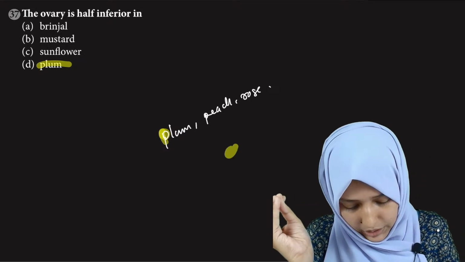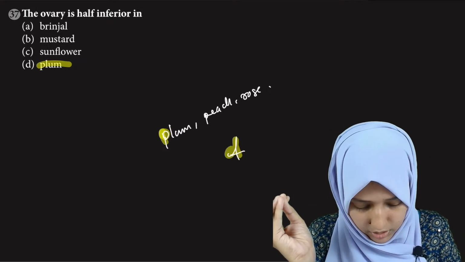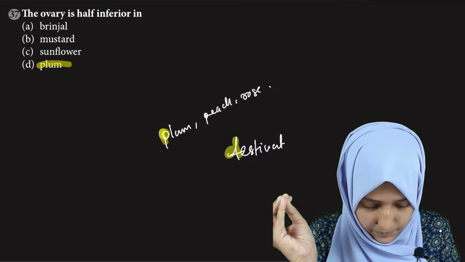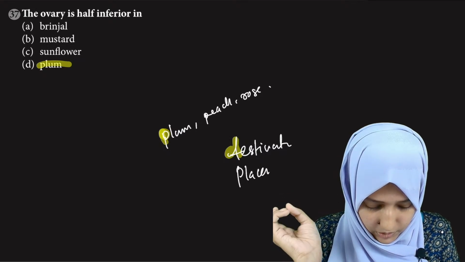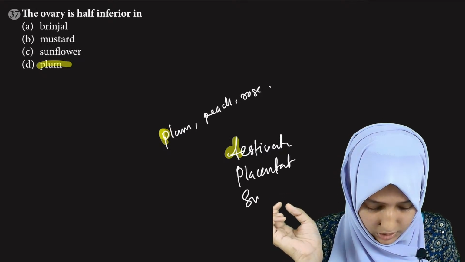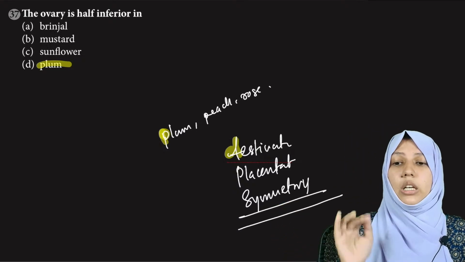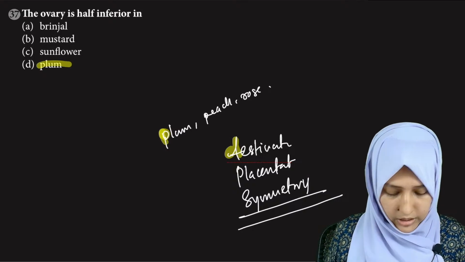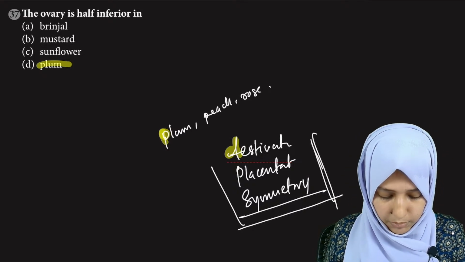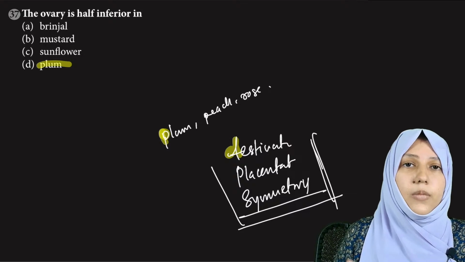The examples of aestivation, placentation and symmetry are important because they will give you more marks. Short MCQs are from these 3 parts.